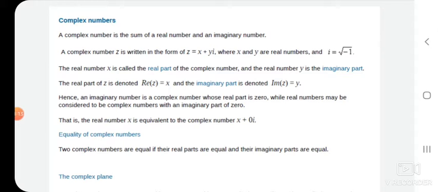The modulus of z is its absolute value. If we take the mod of that complex variable or complex number, it gives an absolute value.